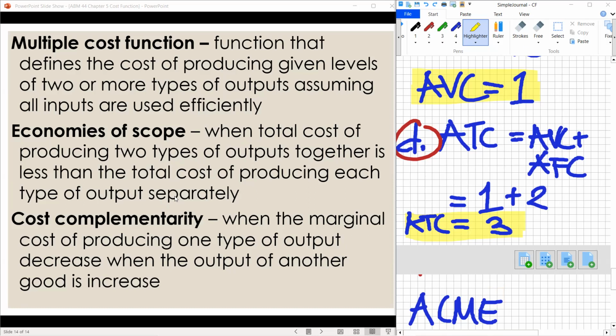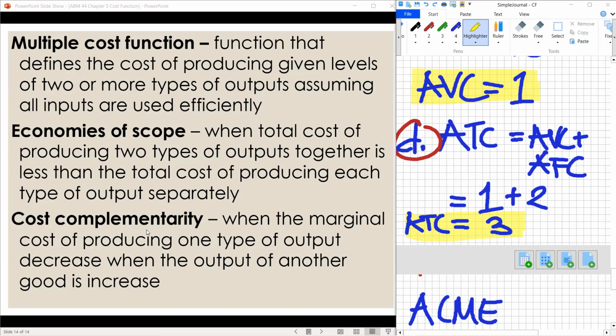So economies of scope is where you combine or add two types of outputs together, because it is better compared to producing them one by one. They tend to complement one another in the production function. That's why they work better together, especially their outputs. So that's economies of scope.